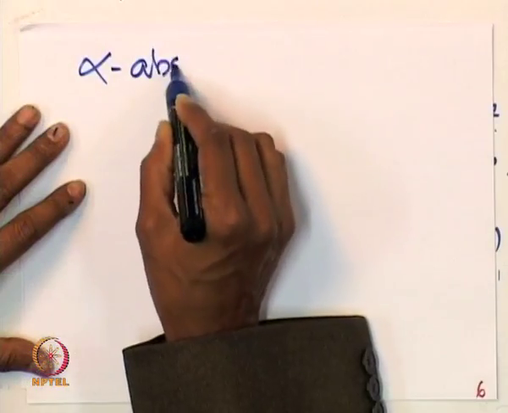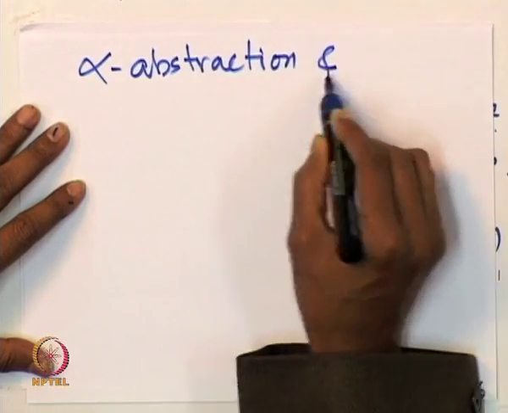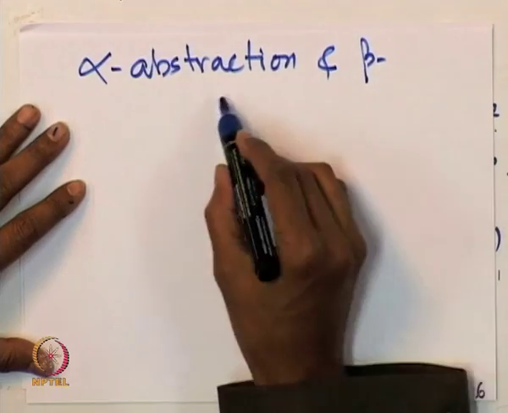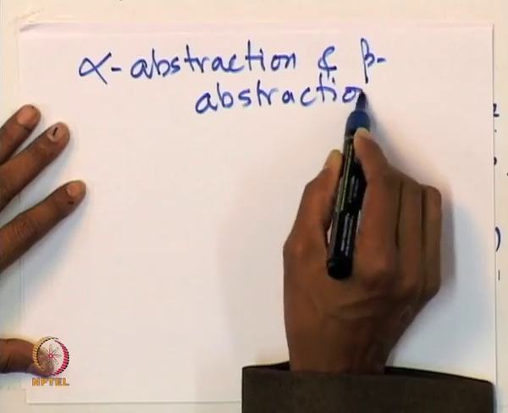Of course, how are you going to differentiate? We will try to look at that. Let us try to discuss the alpha abstraction briefly today, and we will then move to the next class. So, alpha abstraction and beta abstraction, that is the topic we would like to discuss.